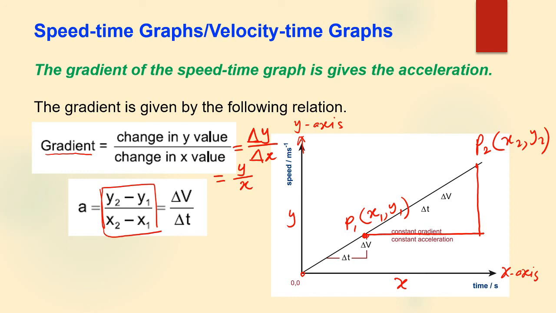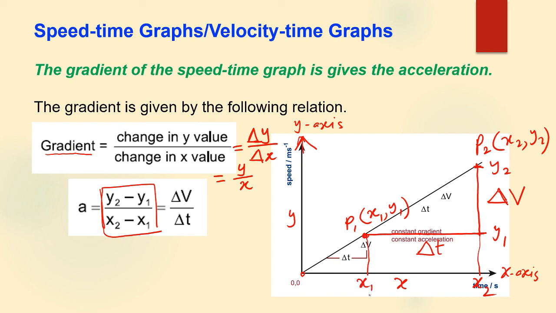As we are talking about the speed time graph, that side could be taken as delta v, that means change in velocity. And this horizontal distance can be written as delta t. So in that case, this is y2 and that one is y1. And that time down could be x2 and this time x1.